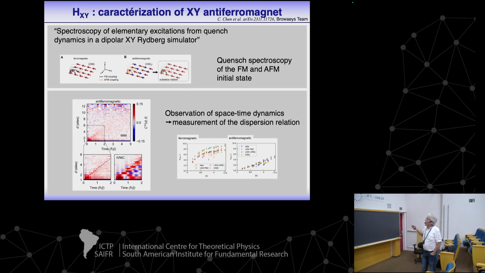Again, I will not discuss the details, but what was done for preparing the antiferromagnetic state with the Ising Hamiltonian was also performed in a similar way, by adiabatically varying the parameter in order to prepare the so-called antiferromagnetic state of the XY Hamiltonian.